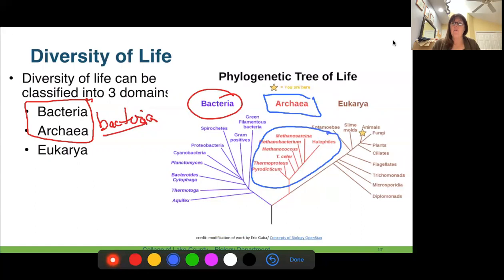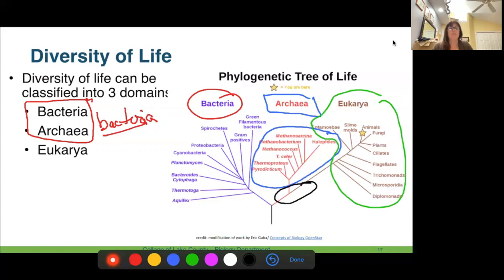When we started doing DNA sequencing for evolutionary relationships, notice that all the rest of the life are eukarya. And notice how here in this branch, we're actually more closely related to archaeans than we are to bacteria, which was very astounding for scientists.